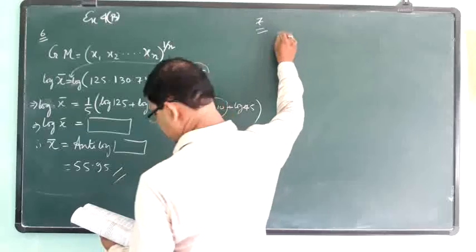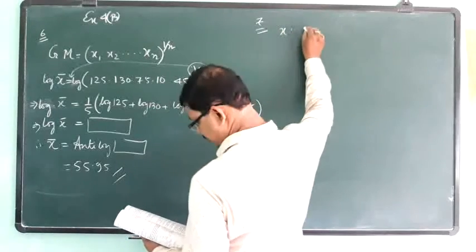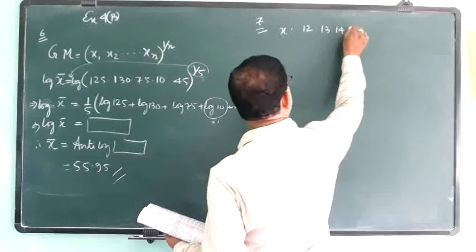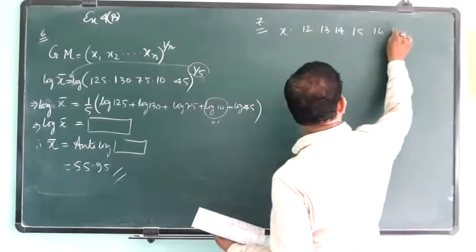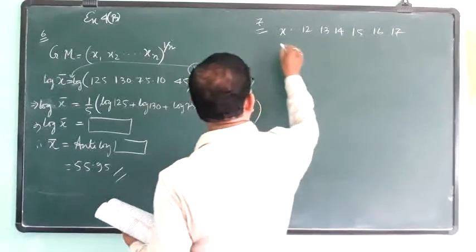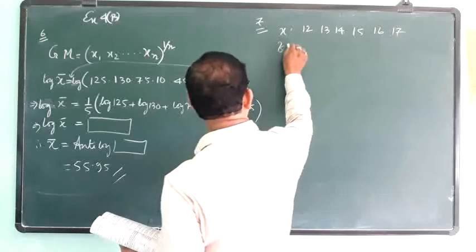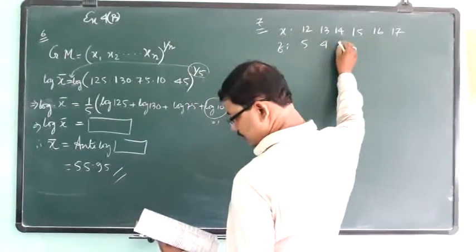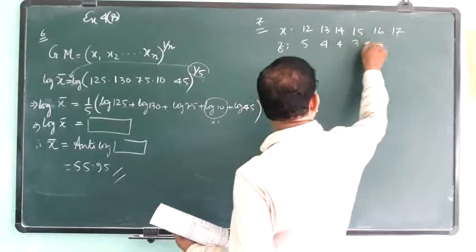They have given x as 12, 13, 14, 15, 16, 17, and the corresponding frequency. I will tell you what frequency means.